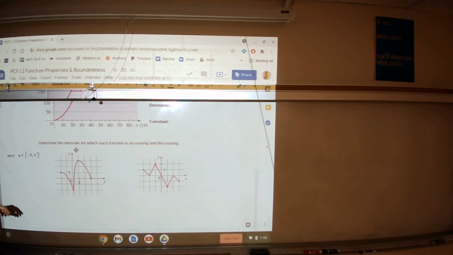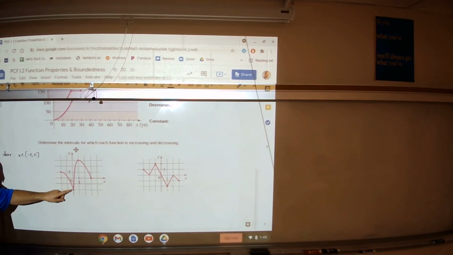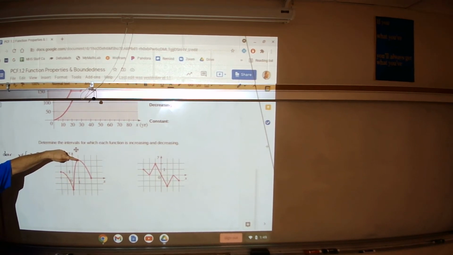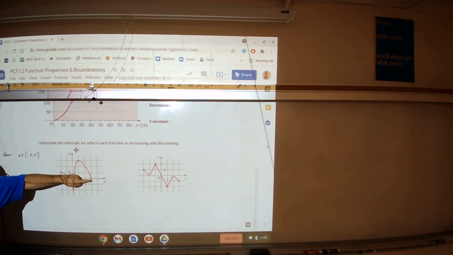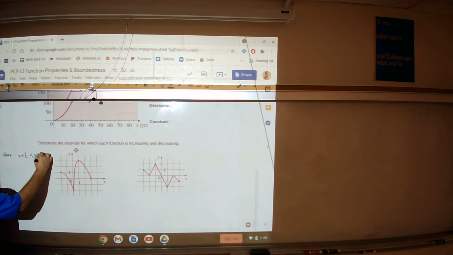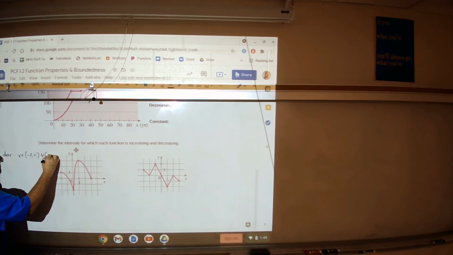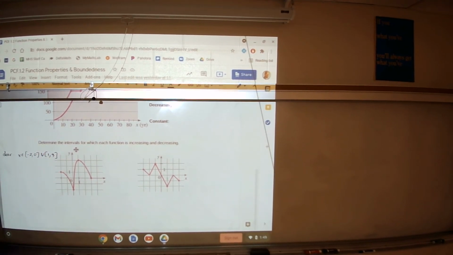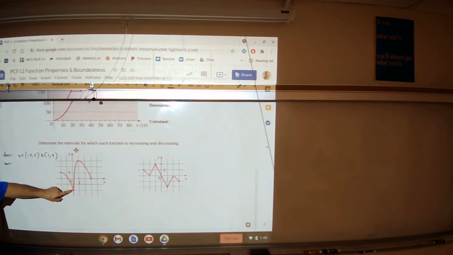Where else is it? Oh, that was decreasing, though, wasn't it? It's decreasing. Okay, and then it also appears to be decreasing here from 1 to 3, right? So we'll do 1 to 3. Good. So it's increasing. Well, it looks like it increases at 0 up to 1.